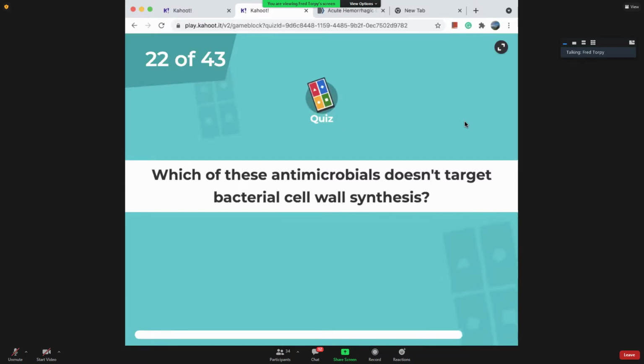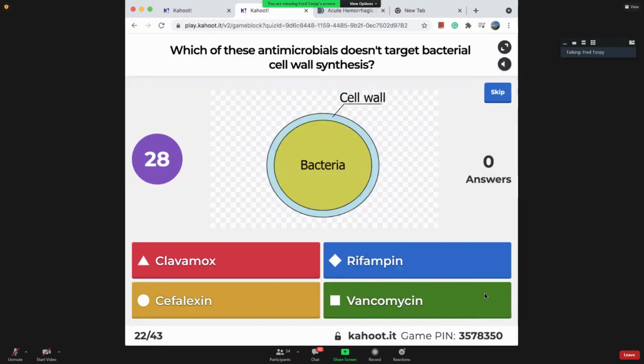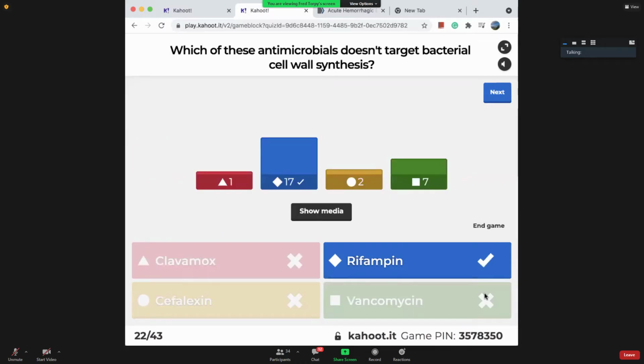Okay. So which of these has a different mechanism of action? Nice.